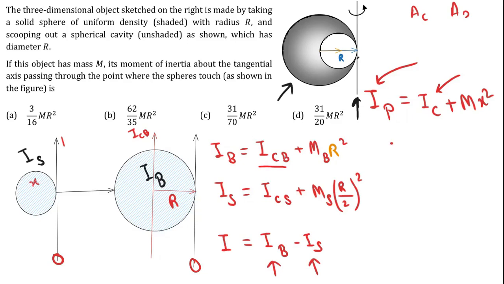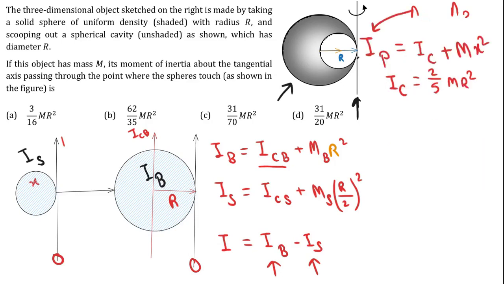Now, the moment of inertia of a sphere about the center of mass is equal to 2 by 5 mr squared. Using that moment of inertia, what we get is IB equals 2/5 of mb r squared plus mb r squared, which is equal to 7 by 5 mb r squared.